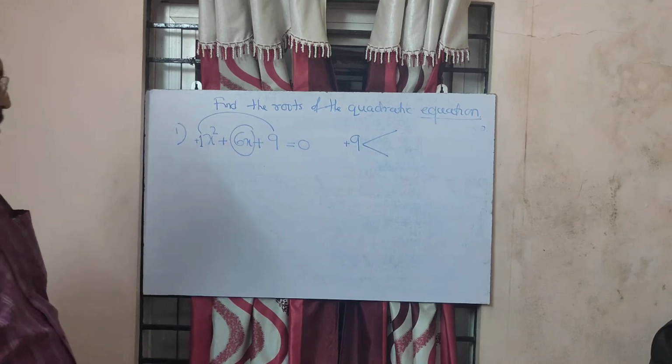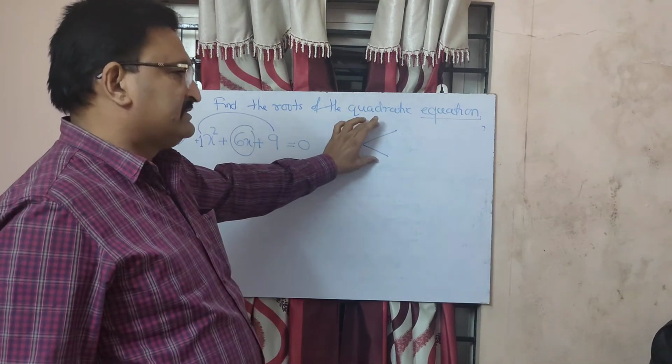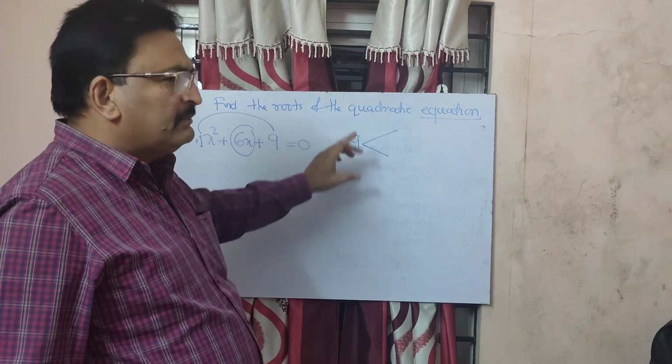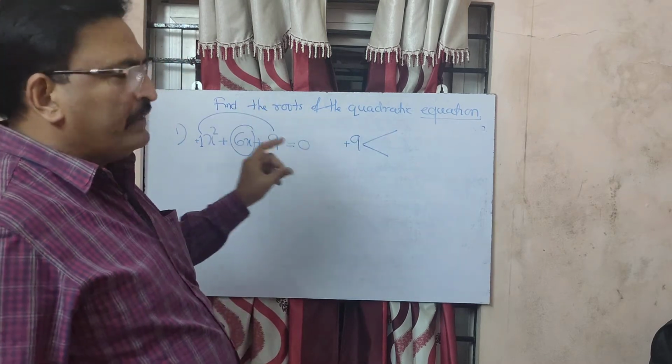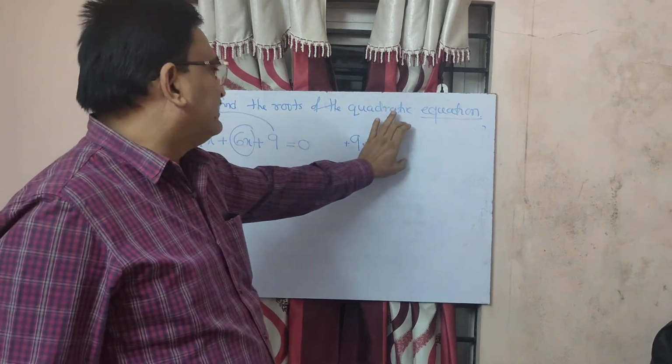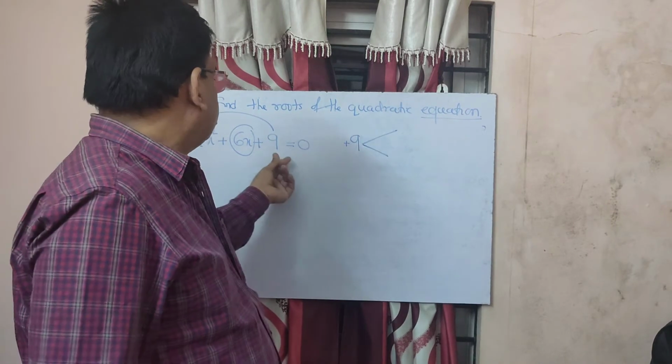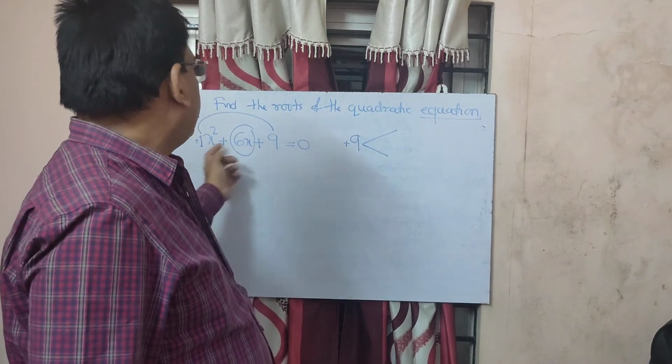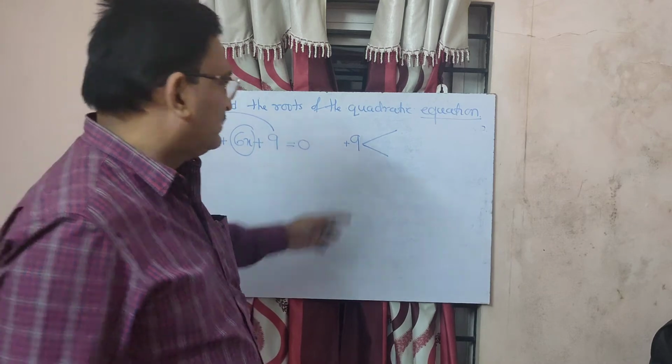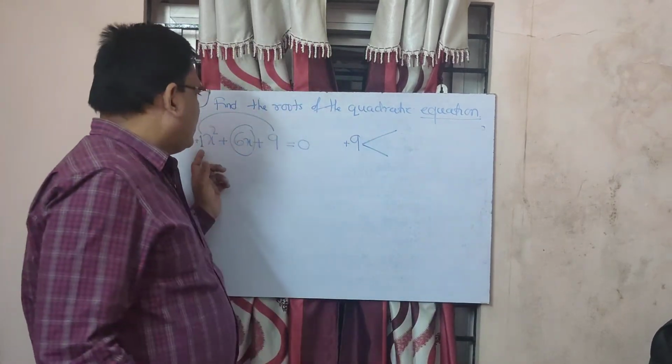So now, what are the two numbers? If we multiply those two numbers, we should get this number, that is 9. 1 into 9 is 9.